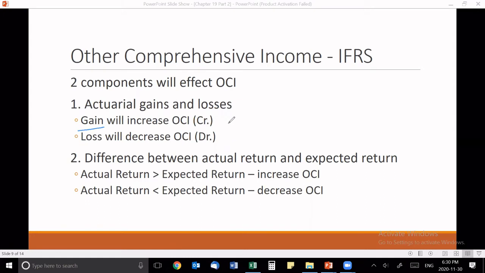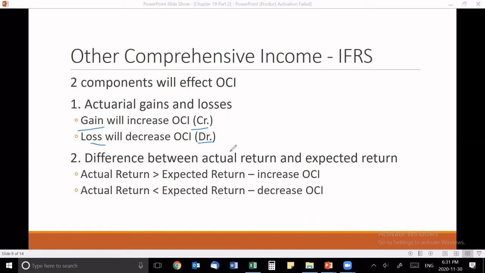The OCI account, other comprehensive income, functions the same way as a revenue account, so any increases will be credited and any decreases, a loss, will be debited. A gain will increase OCI, a loss will decrease OCI, an increase is a credit, a decrease is a debit. Okay, so that's one component of OCI.